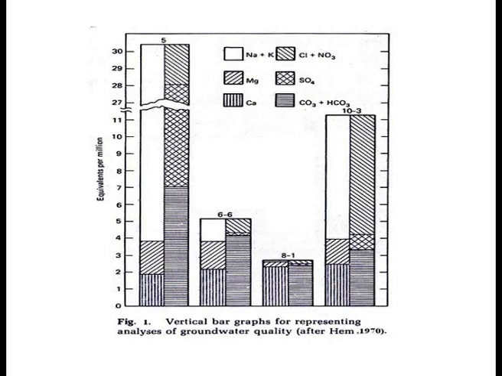TDS is cations plus anions, they should be equal, but practically they are never equal. So, you can manipulate them slightly so that they give an equal value and you can plot the bar diagram. This is given in the text, where you can see how the diagram is prepared.